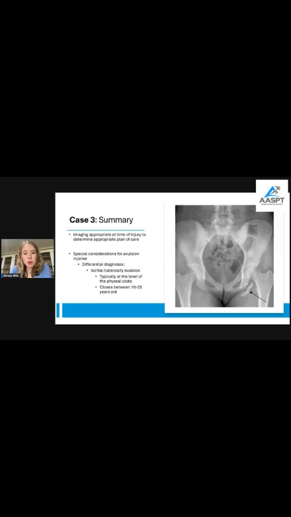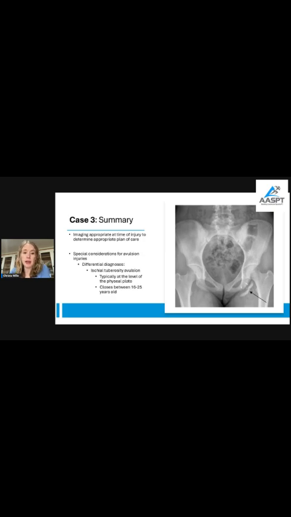One important point I do want to touch on with avulsion injuries: in this case, this was a 52-year-old female, and her significant limitations at time of injury warranted MRI. But the differential diagnosis that's important here, especially for the pediatric population, is that you should also consider complete ischial tuberosity avulsion fractures.